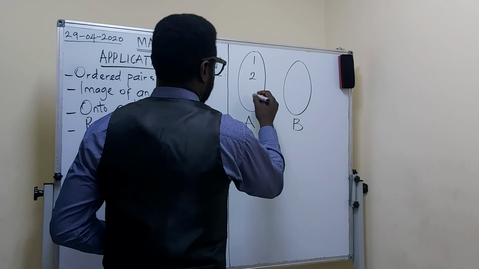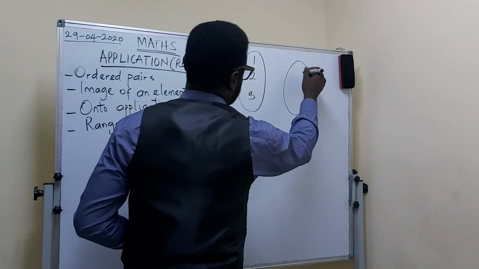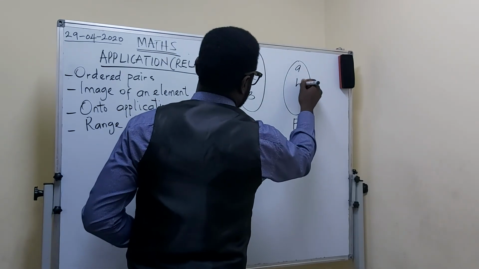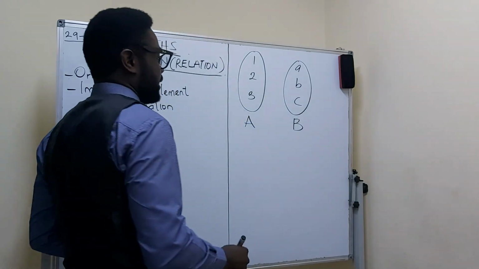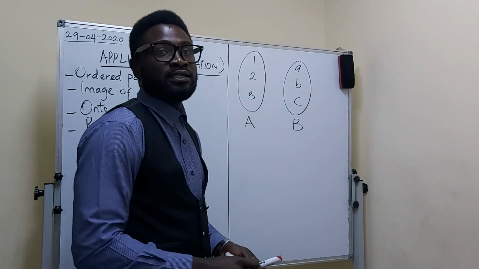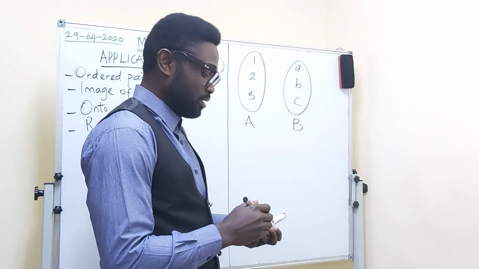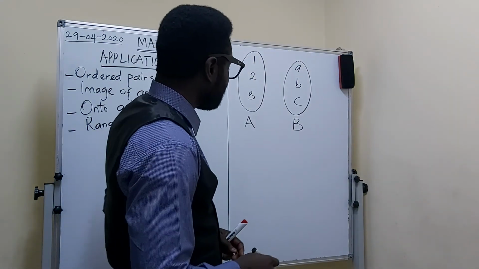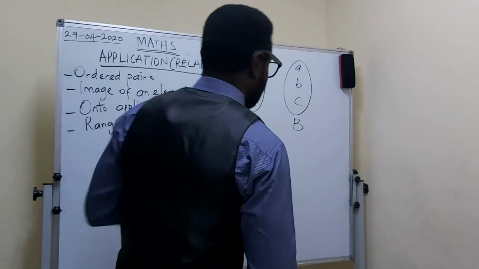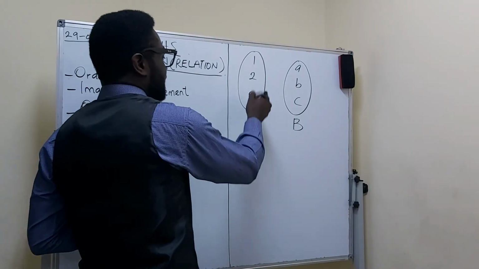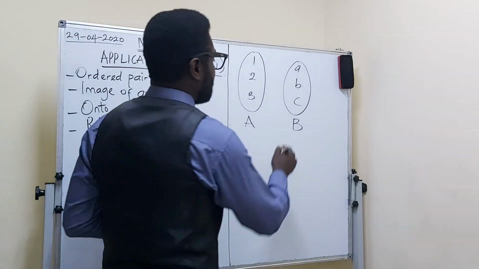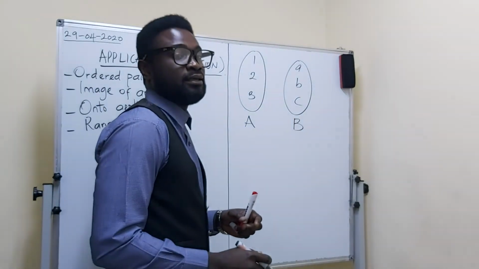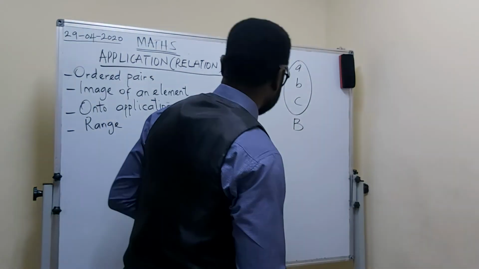Inside the very first circle, which is called domain, we have 1, 2, 3, and inside the second circle, circle B, it is called co-domain. It means simply that circle A is the domain and circle B is co-domain.